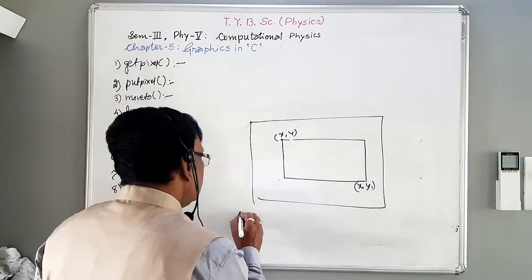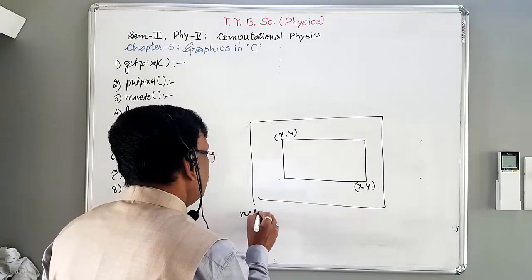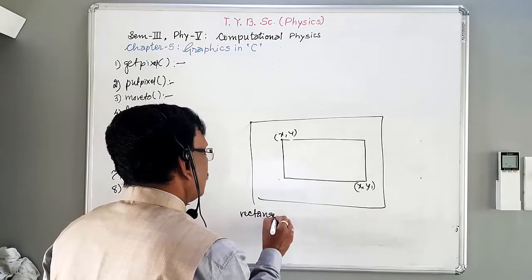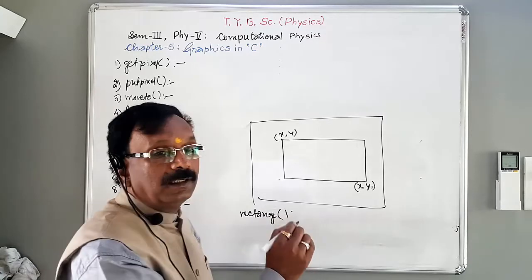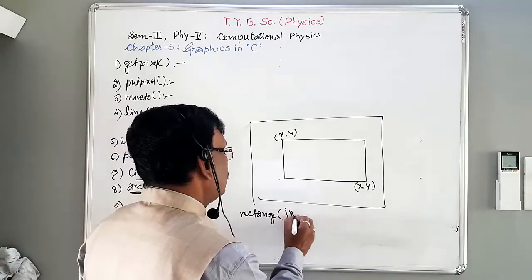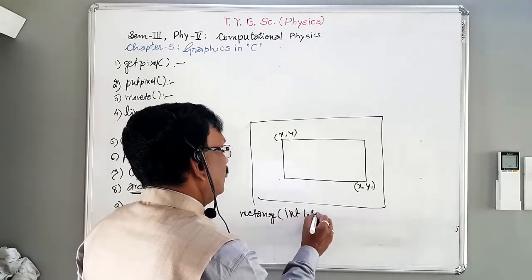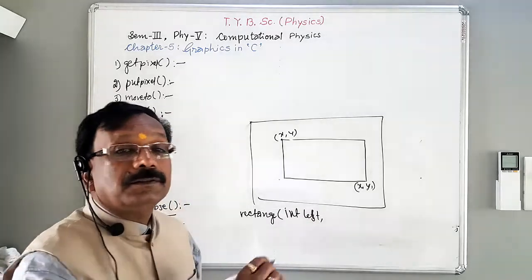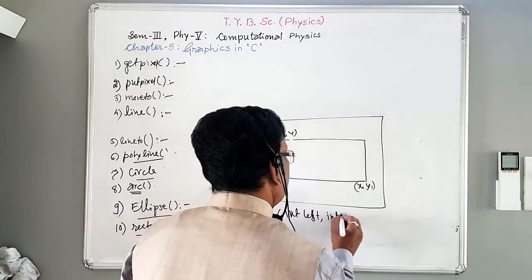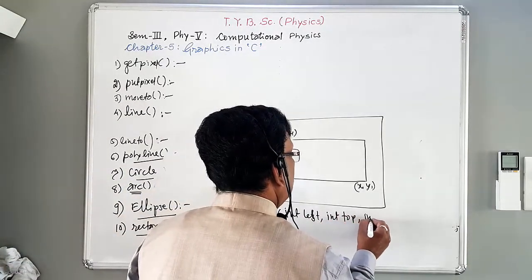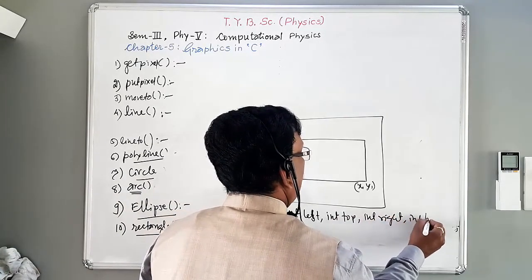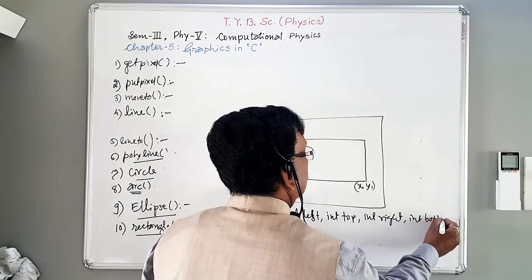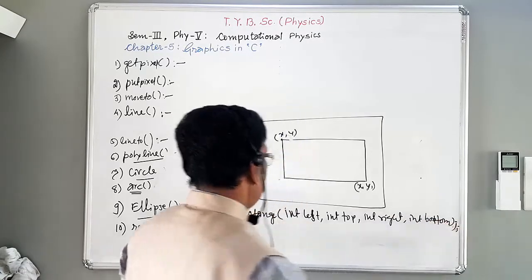For that purpose, rectangle is the keyword, then integer left, then integer top, then integer right, and last integer bottom. This is the general syntax.